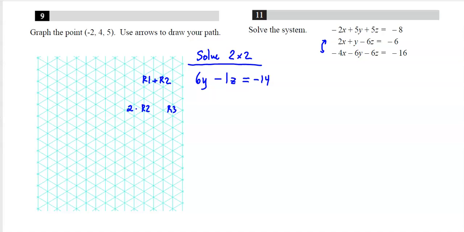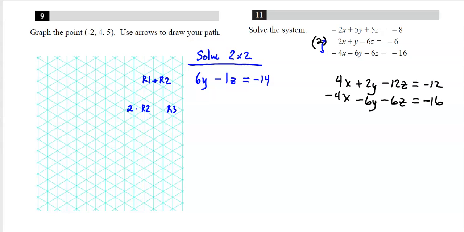When I multiply row 2 by 2, I get 4x plus 2y minus 12z equals negative 12. And then my bottom row, I have negative 4x, and I don't do anything to this one, negative 16.